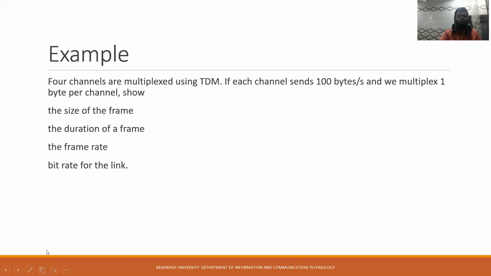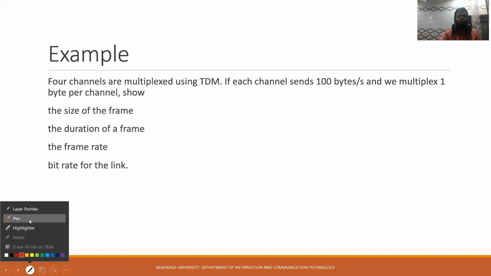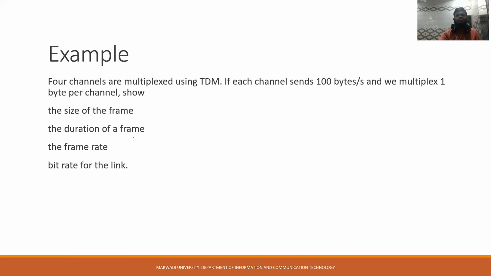Okay, so we will have one more example. We are having 4 channels which are multiplexed using TDM. Each channel sends 100 bytes of data. We multiplex 1 byte per channel, and we have to show these things. So first let's draw it.